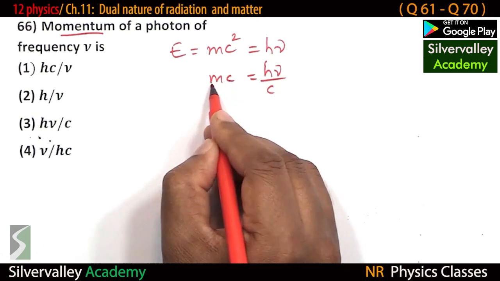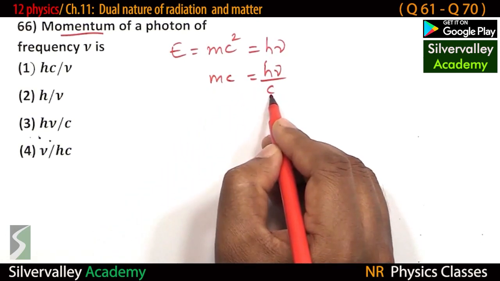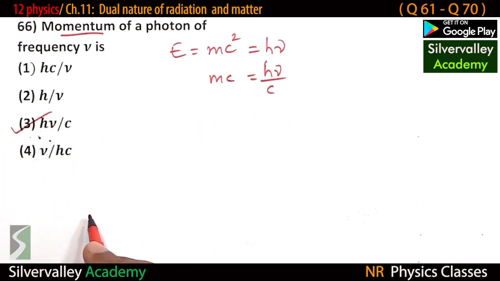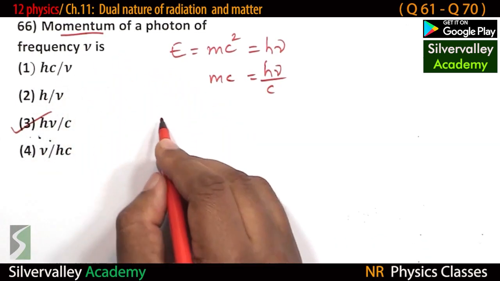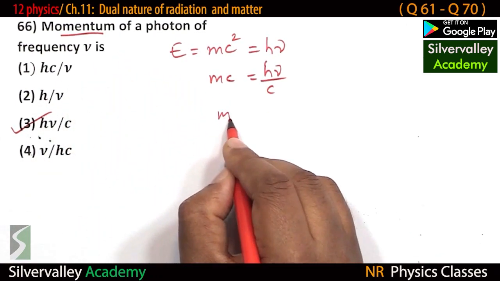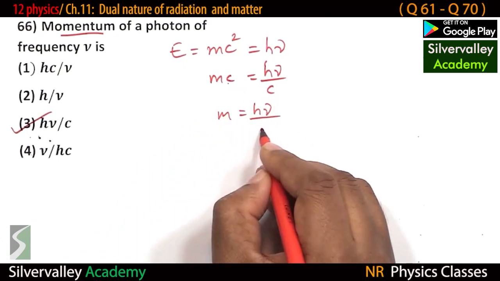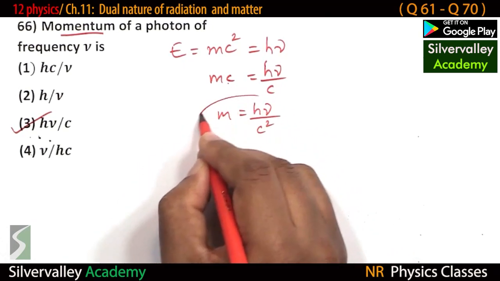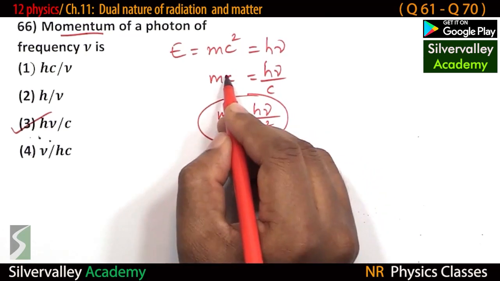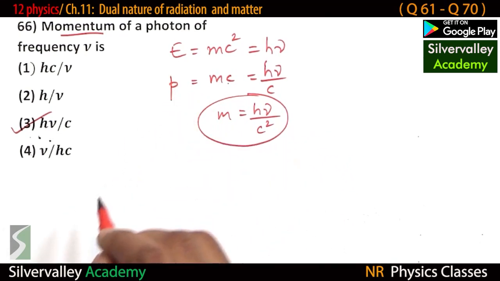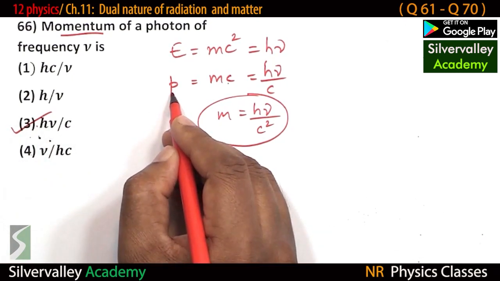Mass into velocity is momentum, h nu by c. Suppose mass is asked, so mass equal to h nu by, bring the other c to the denominator, c square. So this is mass, this is momentum, h nu by c.